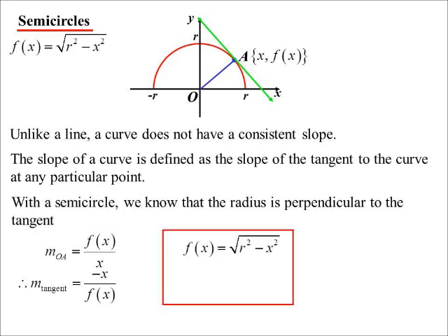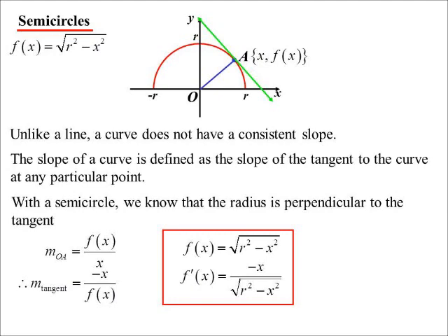Function x is the square root of r squared minus x squared. The gradient function, well, instead of writing f(x), I'm substituting in the square root of r squared minus x squared. So that would be a formula for the gradient function of a semicircle, one that's centred at the origin anyway. So minus x on the square root of r squared minus x squared. Of course, if we had to do this for every single shape, it's going to take a long time. So we need to come up with another way.